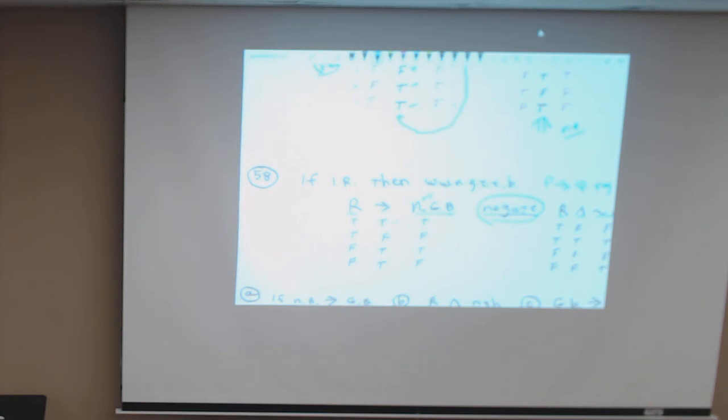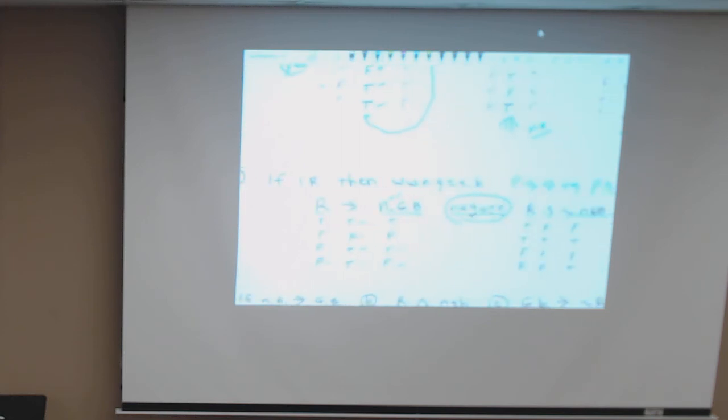That's true. It's raining and we go to the beach. That's false. If it's not raining and we go to the beach, that's okay. If it's raining and we go to the beach, okay. If it's raining and we don't go to the beach, we still haven't lied. Now, what's the negation of that?